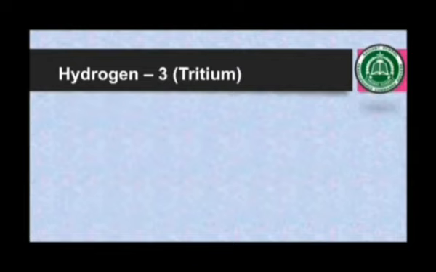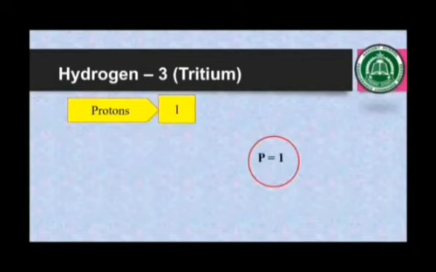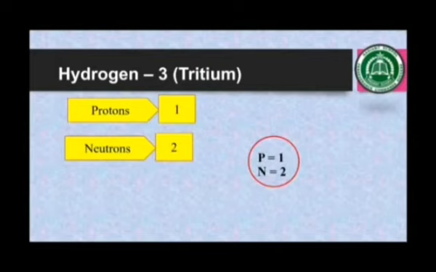Another isotope of hydrogen is hydrogen 3, tritium. It has the same number of protons, 1, but the number of neutrons is different. It has 2 neutrons, so the mass number becomes 3.